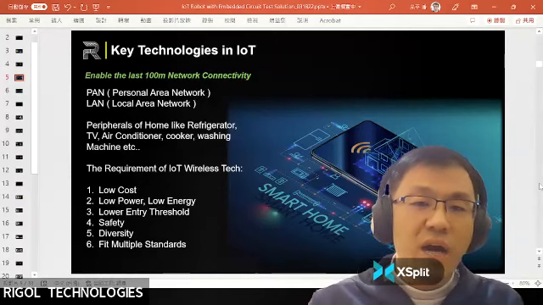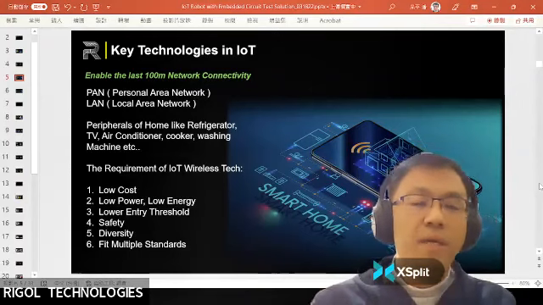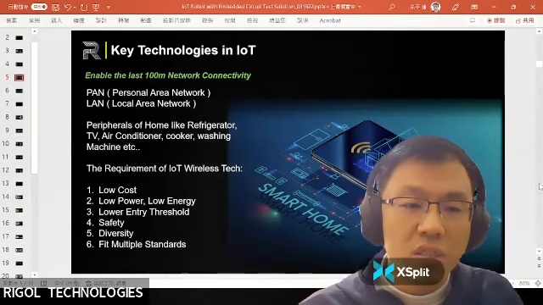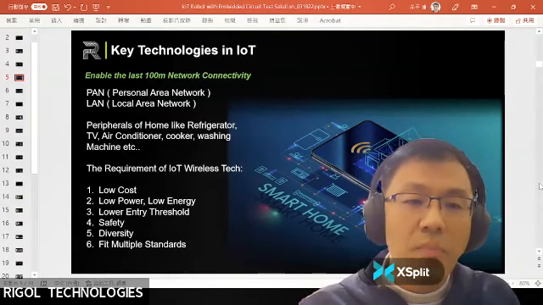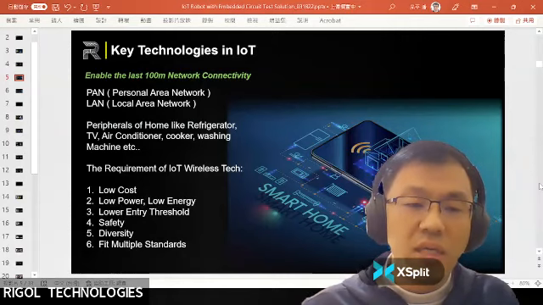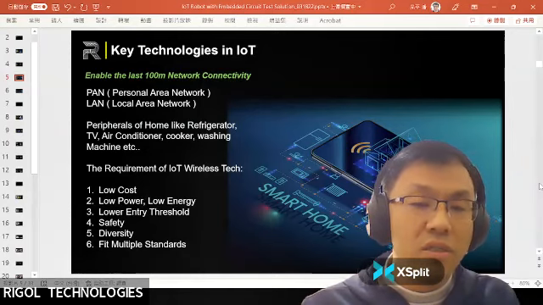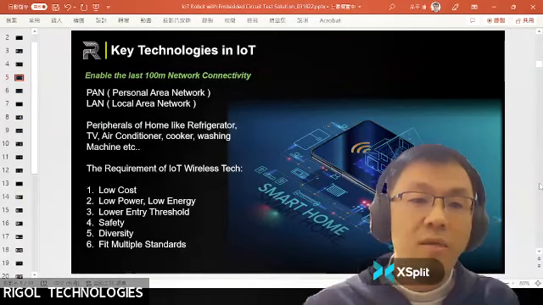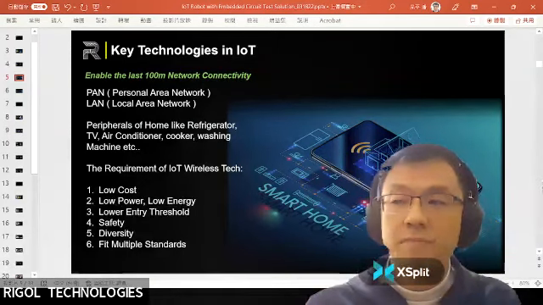The requirements of IoT wireless technologies have some features. The first one is very low cost, lower power, lower energy, and a lower entry threshold. The most important is safety. Safety is very important because it ensures personal data will not be released to anyone else. It also has diversity and fits multiple standards in advance.